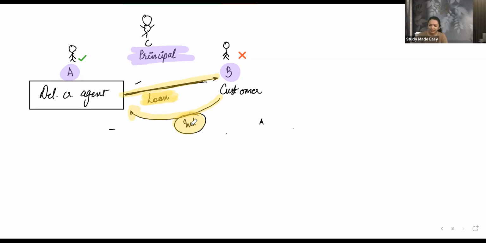So can I say that this del credere agent is supplying service also. One service to the customer, another service to the principal, because he is getting the customers. So one service is getting the customers, provided to the principal, but another service is related to this loan, provided to the customer. Getting it?